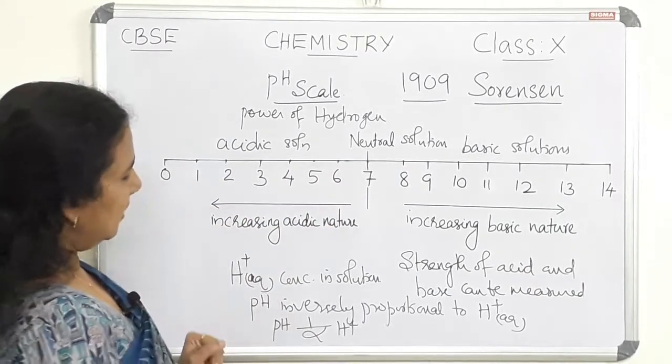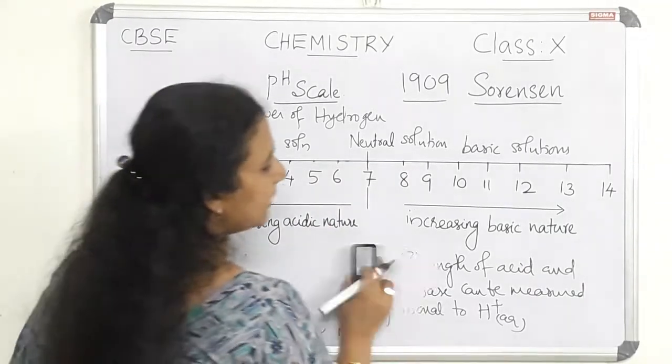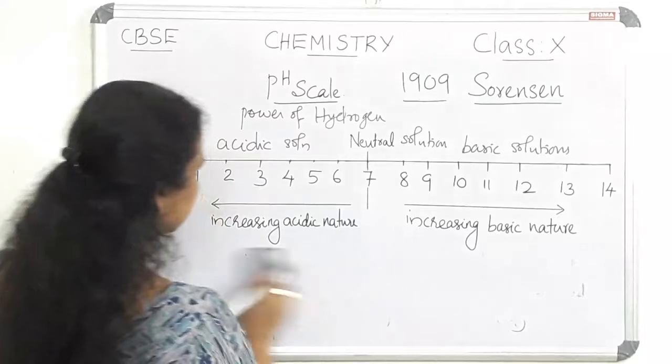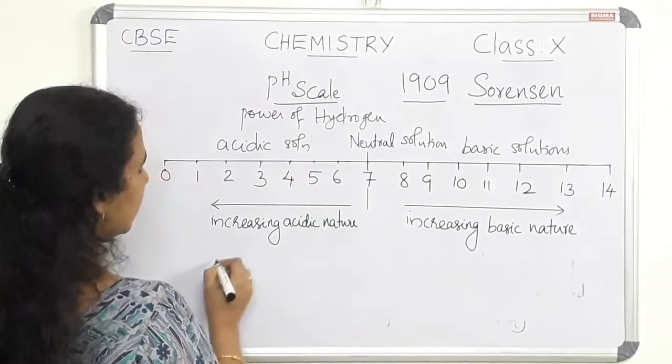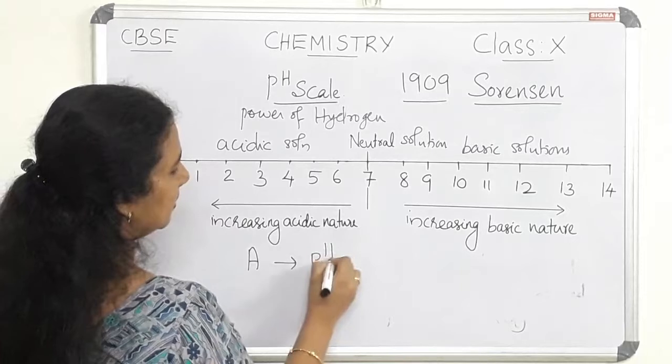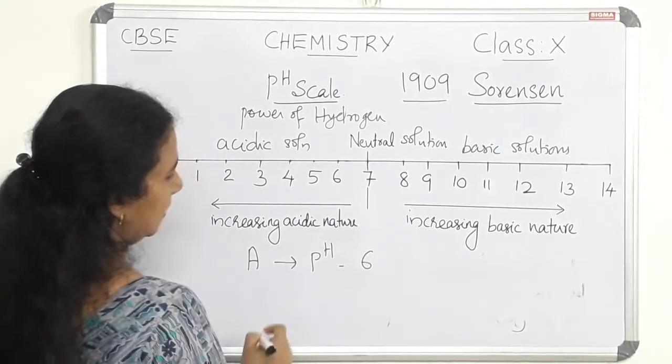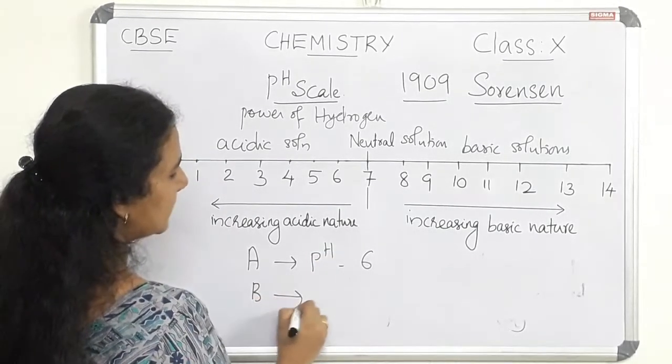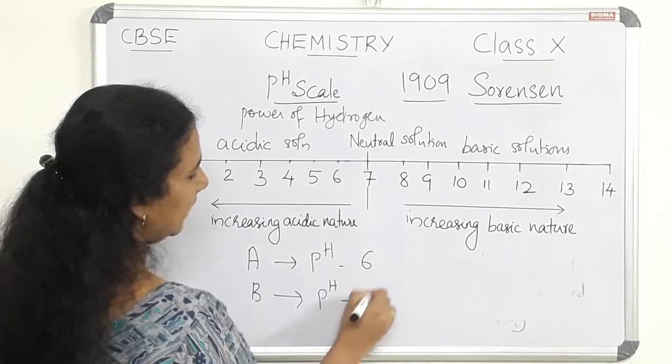So let us take one example. Solution A has pH 6 and solution B has pH 8.